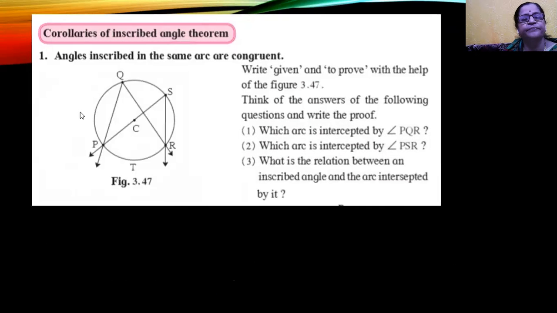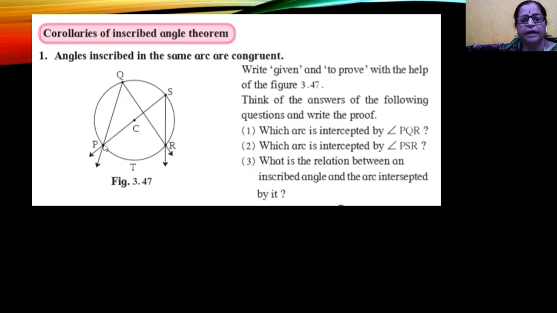In this theorem, angles inscribed in the same arc are congruent. These two angles are at point Q and at point S. Here some questions are asked: which arc is intercepted by angle PQR?